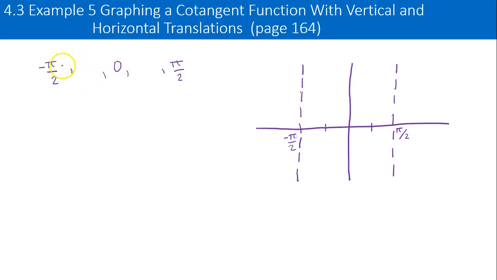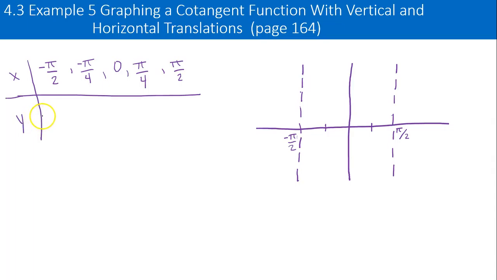And then halfway between negative pi over 2 and 0, well, divide that by 2, we get negative pi over 4. Same thing goes here. It's going to be pi over 4.